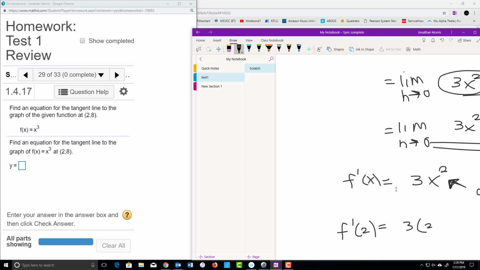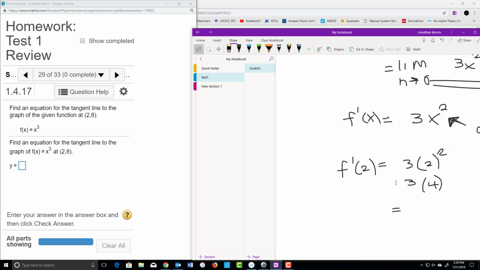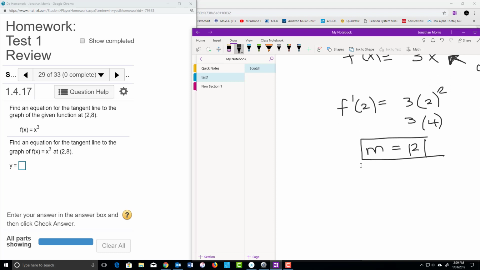So 3 times 2 squared. 2 squared is 4. 4 times 3 is 12. 12 is my slope. Wow. All of that work. So now let's go back to that point slope formula. Y minus y sub 1, the y value is 8, equals 12 times x minus 2. 12x minus 24 equals y minus 8.